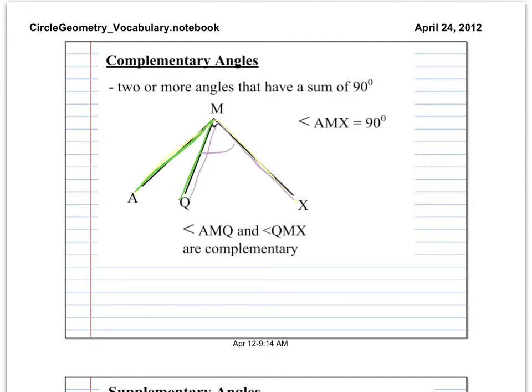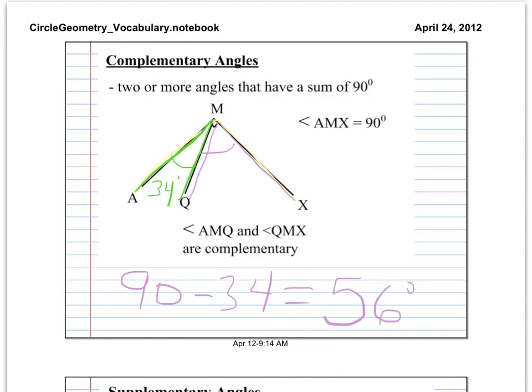These two angles must add up to 90 degrees. So if I tell you that AMQ is 34, then to find XMQ, it would be 90 minus 34 is equal to 56 degrees.